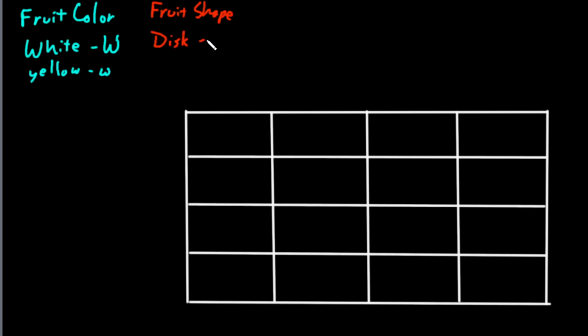Disc shape, capital D, sphere shape with a little d. Okay, and so those are our traits, and we would need to write that down.